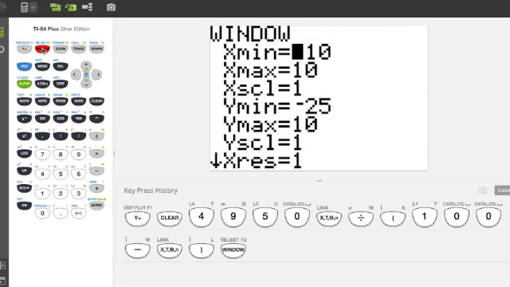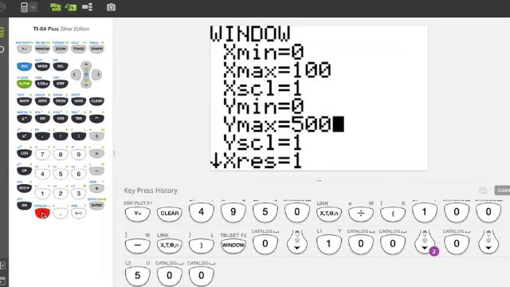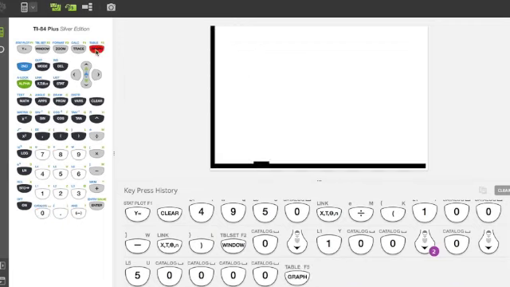They ask us to do this window from 0 down to 100 and continuing on down from 0 to 50,000. And this would be our graph.